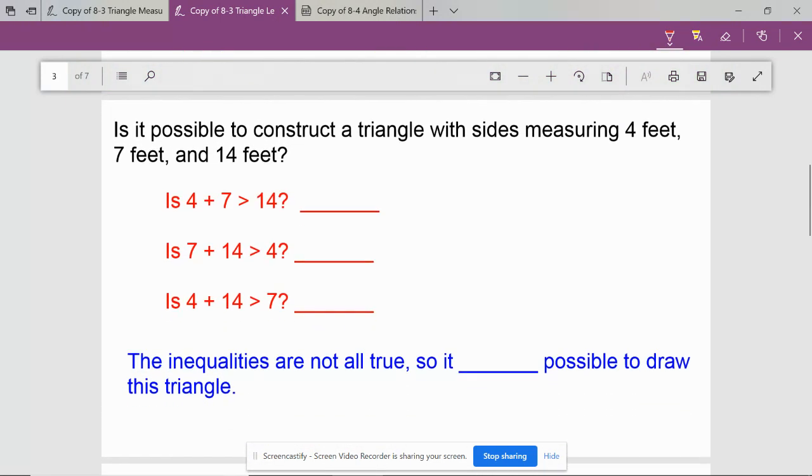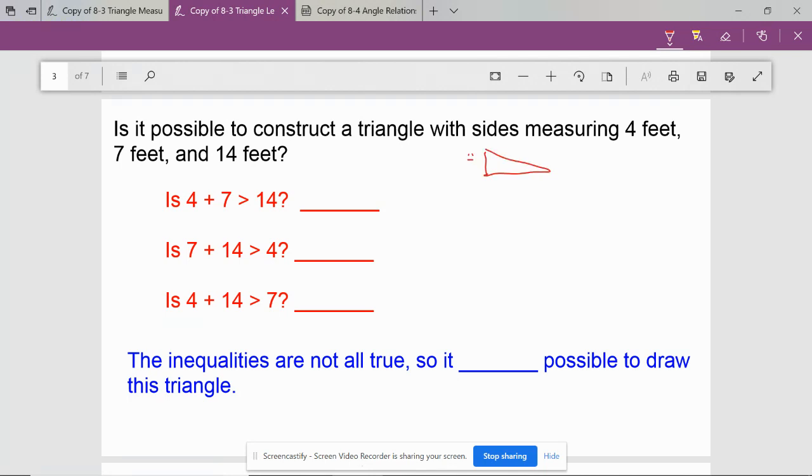It's asking, is it possible to construct a triangle with sides measuring 4 feet, 7 feet, and 14 feet? Is it possible for us to construct that?